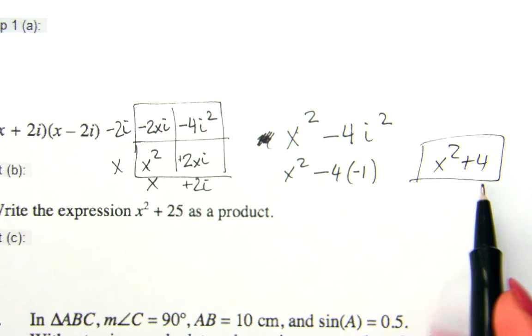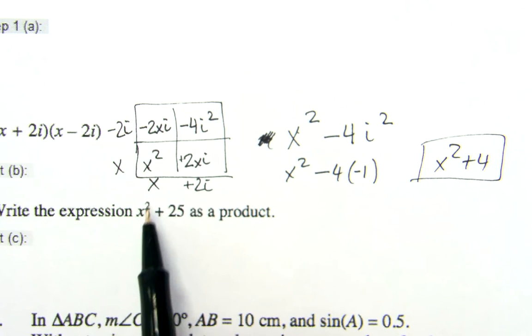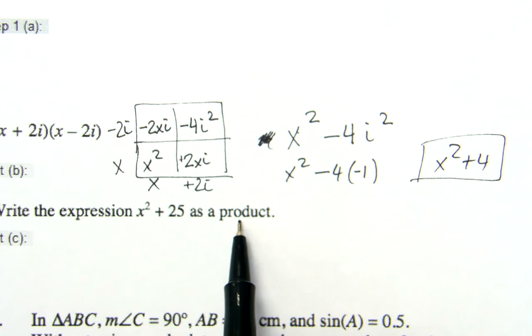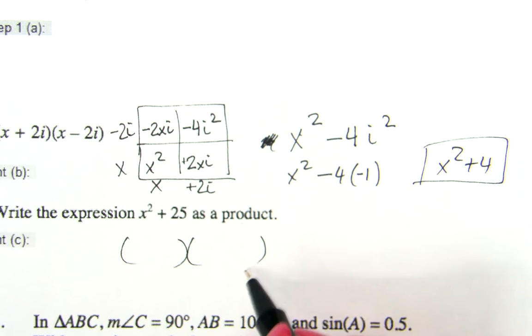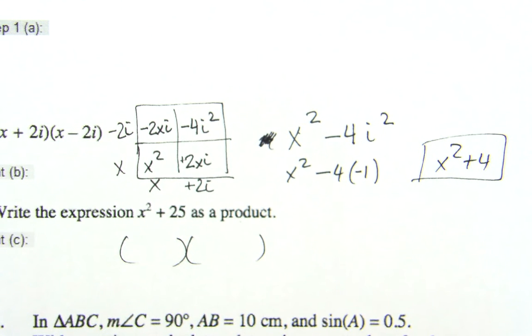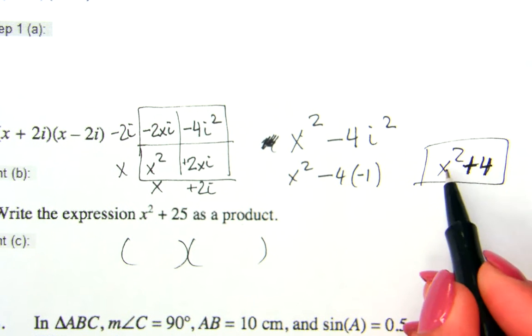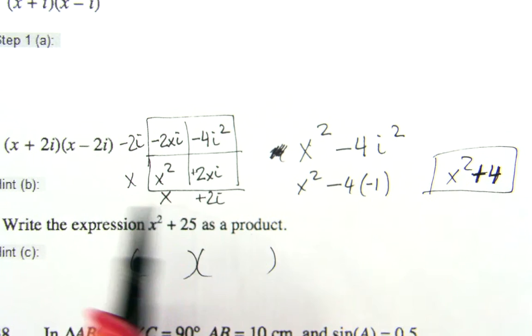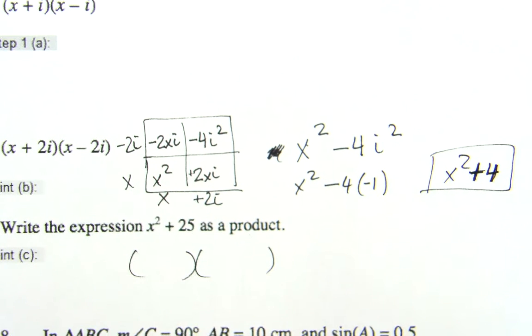Okay, so taking this idea, the next question is write the expression x squared plus 25 as a product. So meaning how could you break this apart, or how can you factor this? And realistically, this part B was your clue, because now you have x squared plus 4, and it came from x plus 2i, x minus 2i.